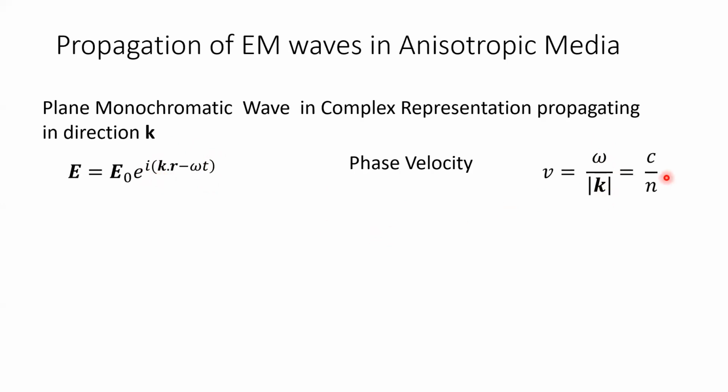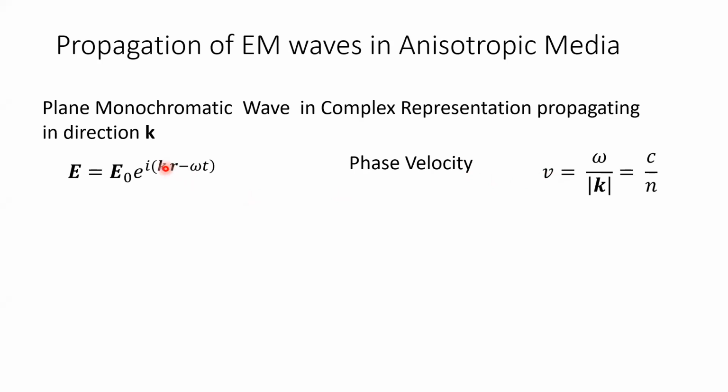So that gives you the speed at which the phase is traveling, which means the speed at which wavefronts travel. Remember, a wavefront is the locus of all the points in space which have the same phase. So wavefronts of a plane wave would be plane surfaces, and these plane surfaces are traveling with the speed v, which we call the phase velocity.